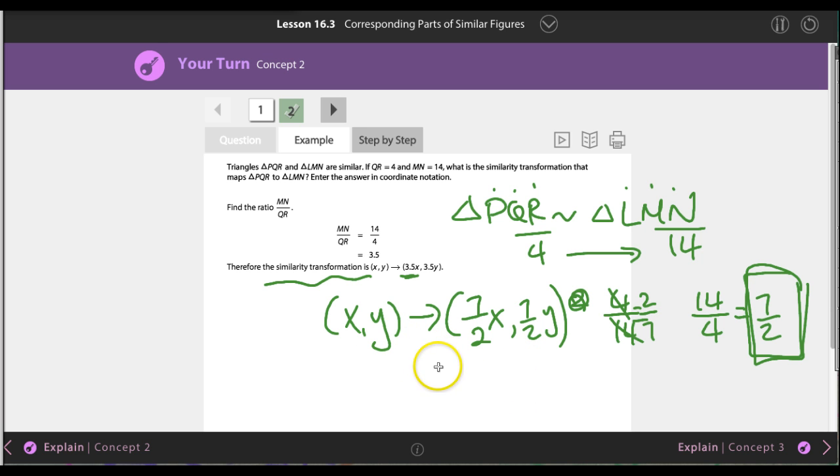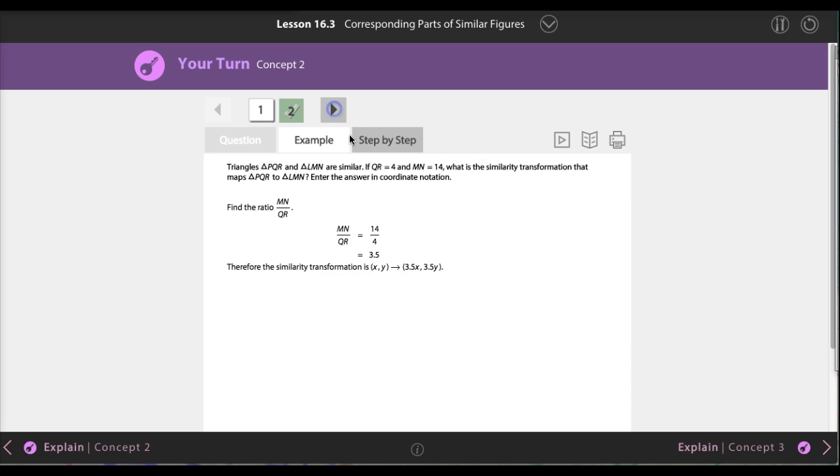Dilation means you basically blow up a size, and so the x and the y both have to be multiplied by the same number. Remember that? And so this is a very easy question, as long as you understand that corresponding angles have to measure the same, and corresponding sides are going to have the same ratio. You just have to know, are you going from here to there, or from there to here? So you got to read the question really carefully.